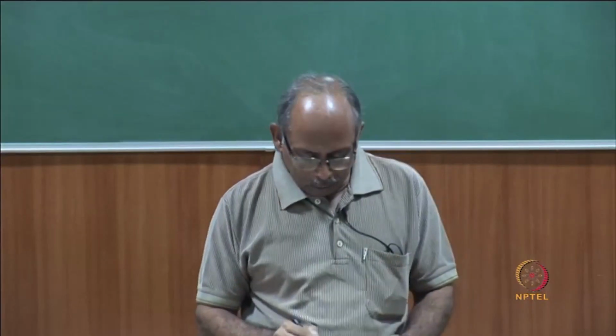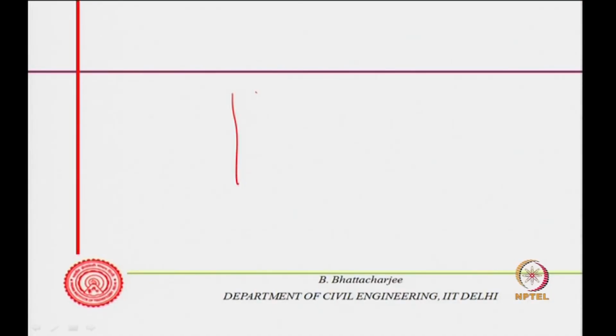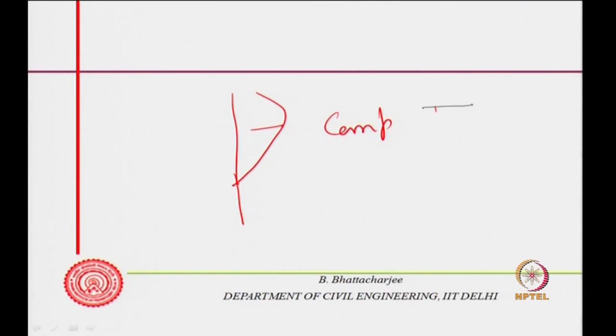Now, before I go further, in flexural design one should be using this sort of curve in compression. If you remember flexural design, the stress strain curve given in the code would be something like this. This is strain in flexure.